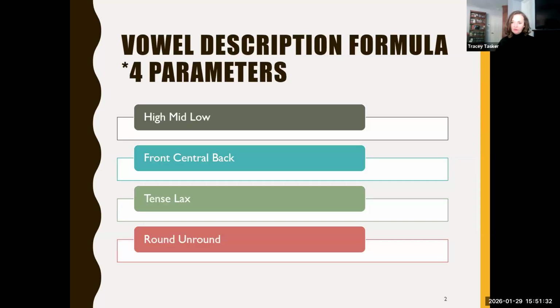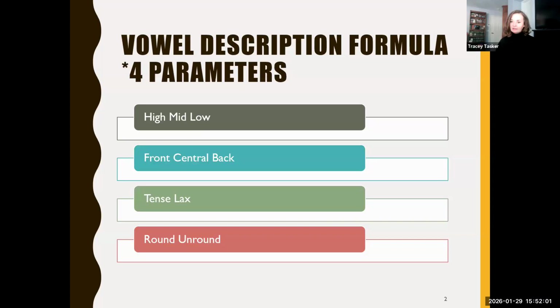So just a reminder, when we are looking at the vowel quadrilateral, we're looking at the different dimensions of where the tongue is: whether the tongue is high in the mouth, mid, or low. We're also looking at where it is on a horizontal plane, so whether the sounds are made in the front, central, or back. We're looking at whether the tongue is tense or lax, depending on the muscle tension.